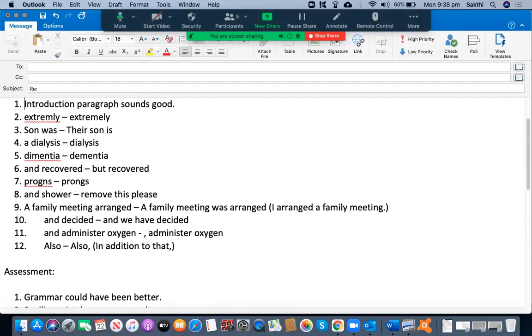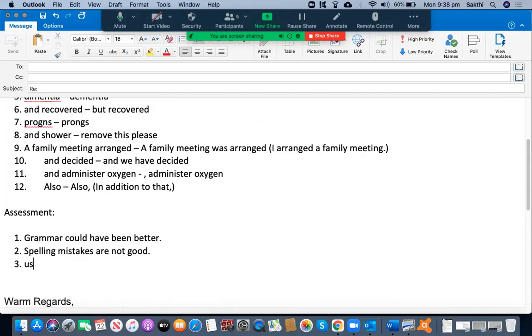And then the use of nouns and verbs is not up to the mark. You could have used, particularly, the nouns and verbs in passive voice form.